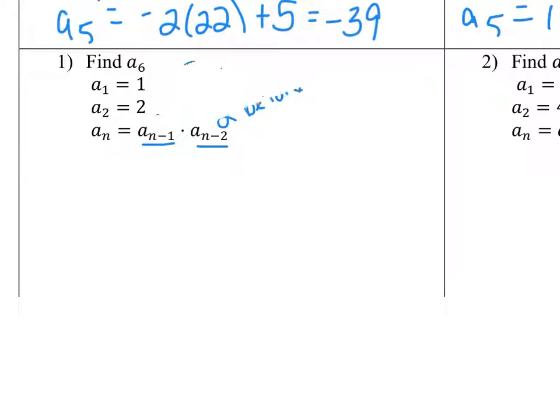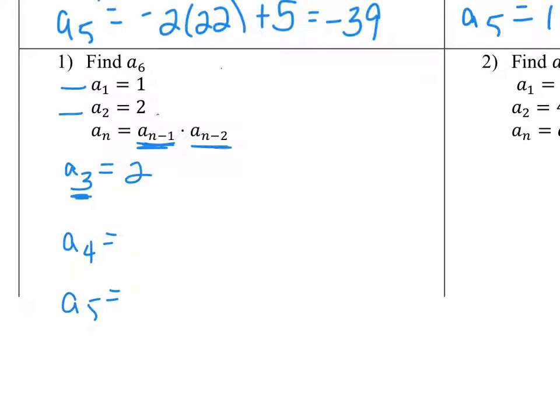Okay? So when we're doing this, a sub 3, so now we already have 1 and 2. So all we have to figure out for the first 5 terms is 3, 4, and 5. But in order to do that, I need these two. So this one is the one before, so that's a sub 2, 1 under 3, so that's 2. And this is 2 back.